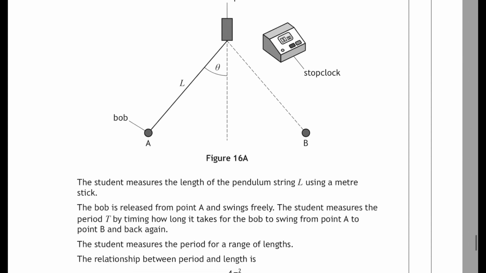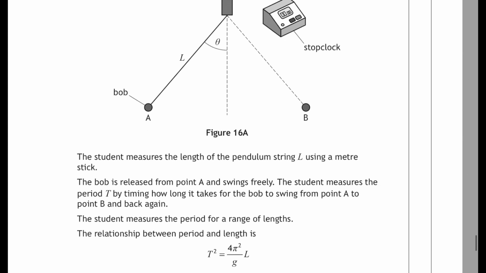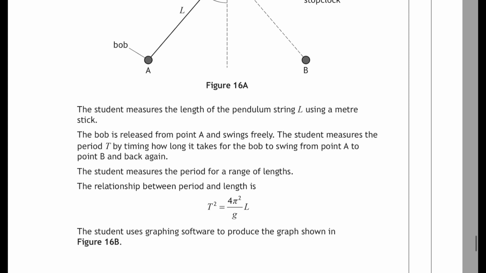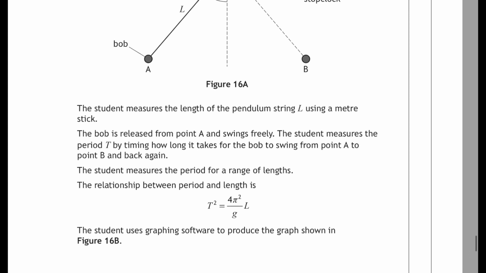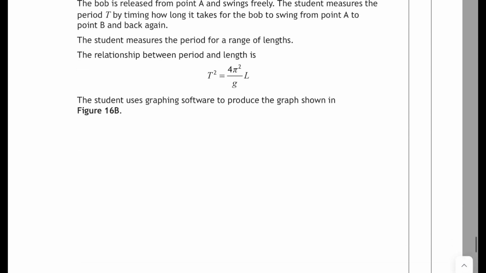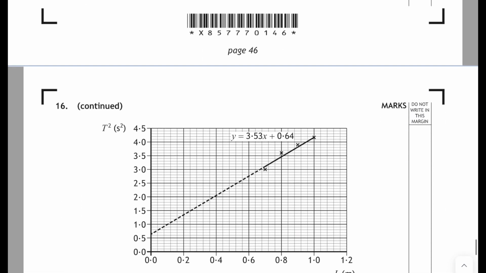The student measures the period T by timing how long it takes for the bob to swing from point A to point B and back again. And the student measures the period for a range of lengths. And the relationship between period and length is T squared equals 4 pi squared over G times L. And the student uses graphing software to produce the graph shown in figure 16b.